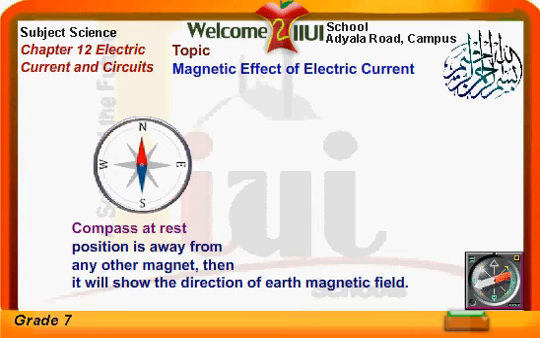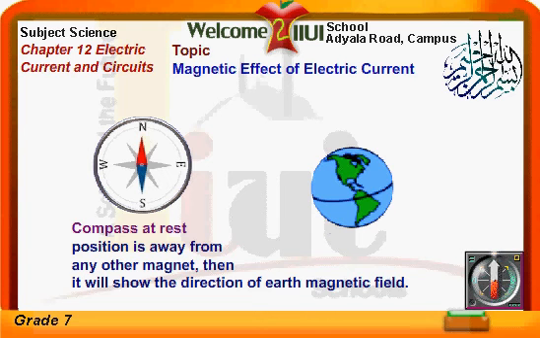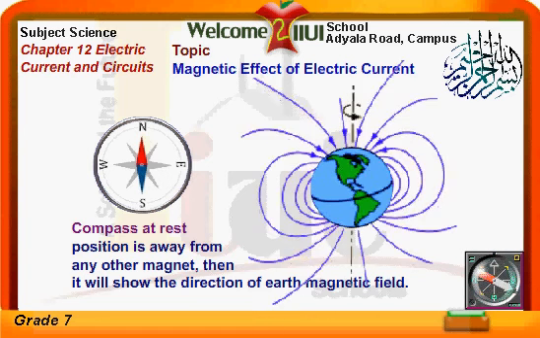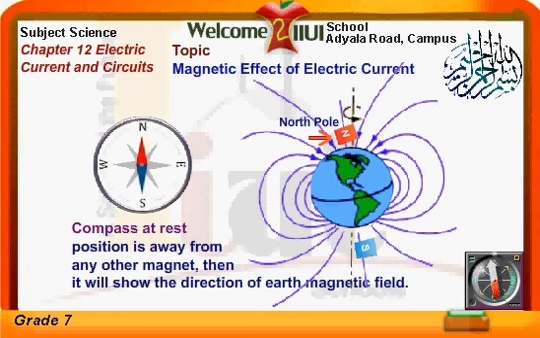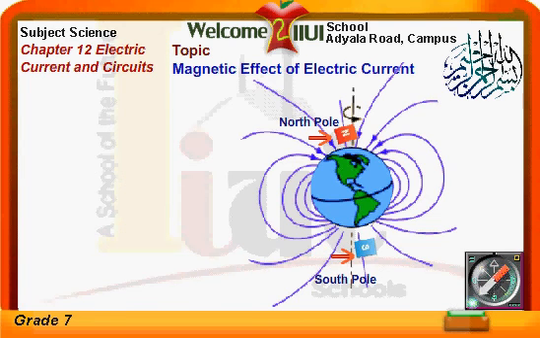Now we know the fact that if we keep the compass at rest away from any other magnet, then it will align in the direction of the earth's magnetic field. That is, the red part is pointed to the north direction and the other part pointed to the south direction.